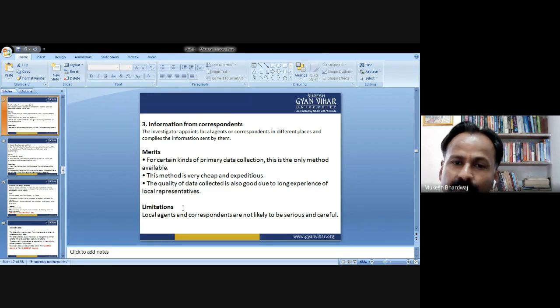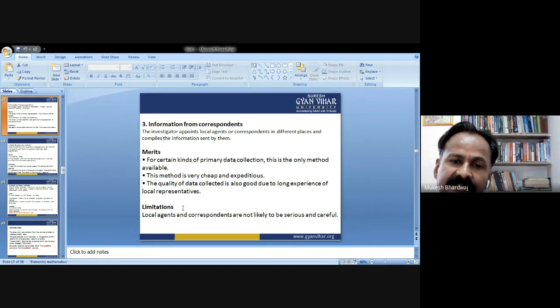I appoint some local agents or correspondents in the different places. So again, it is costlier, but less costly than the direct method. And I appoint the local agents, they will send me the detail or information as a data what I am going to ask. Okay. तो इसके कुछ merits and demerits हैं.